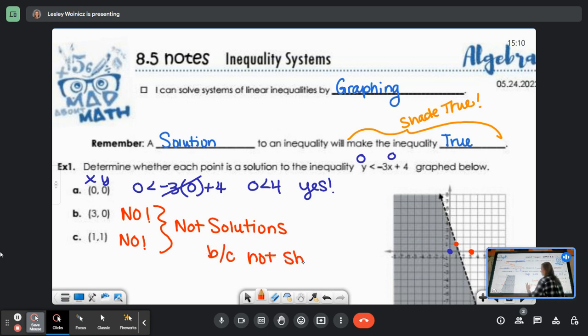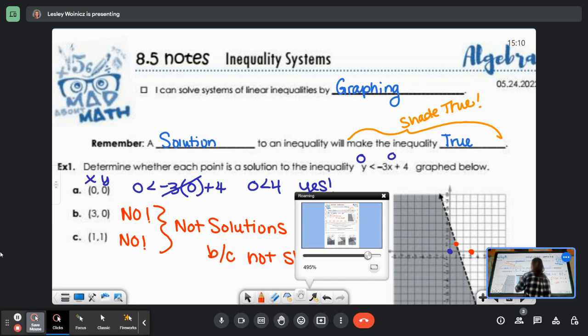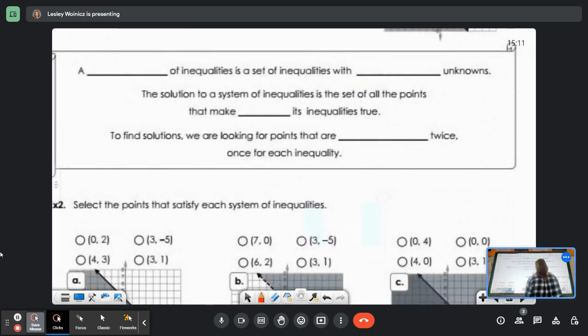Okay, that was Unit 4 review. So that was just one inequality. In Unit 8, remember that we're dealing with systems, so we're going to have more than one inequality. So a system of inequalities is a set of inequalities with multiple unknowns.